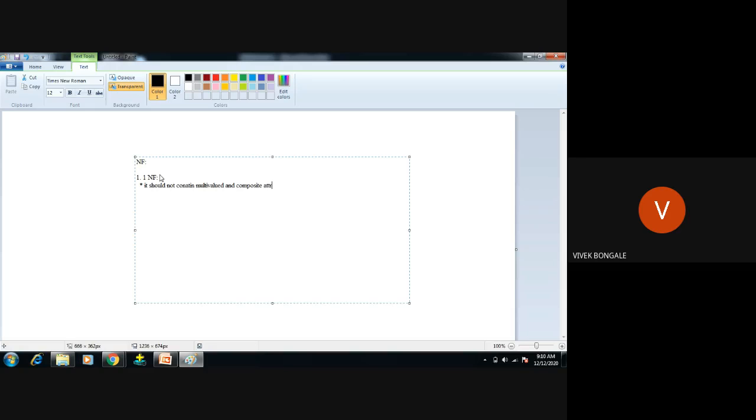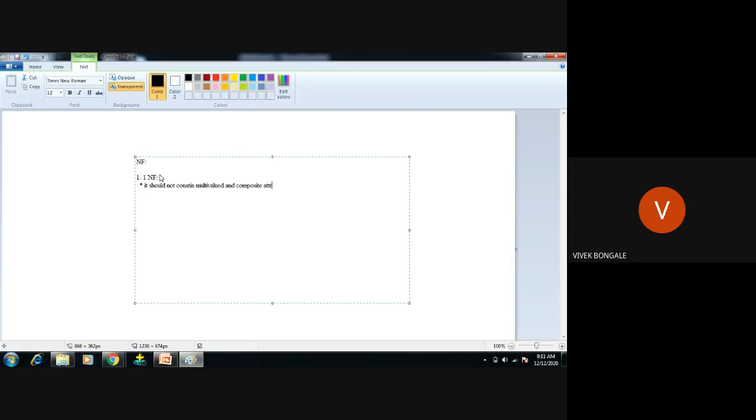Second, we decompose the table into a new table. That is the second technique. The third technique, we split the attribute into multiple attributes on the same table. For example, if you have multiple phone numbers, we write phone number 1, phone number 2, phone number 3.